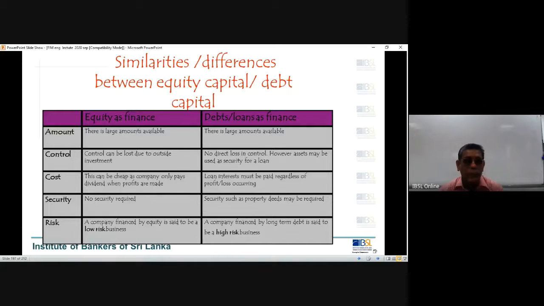Sometimes for equity finance you don't need security, whereas for loans you usually must have security. As far as risk is concerned, equity is less risky, but debt is very high. This gives you an idea of which one to select based on the characteristics of debt and equity.